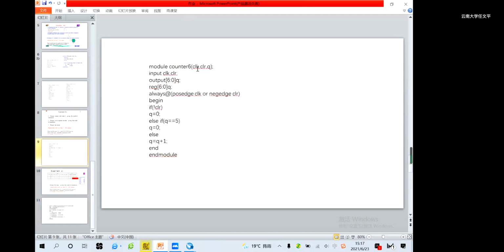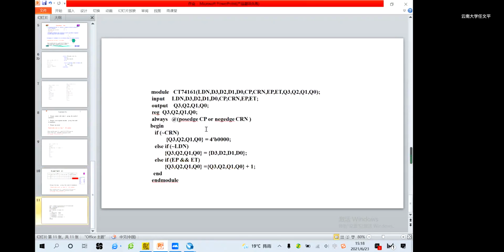Look at this counter, for the counter 6 value we set a max counter value in here. Why, in this program, don't we have the max counter value? Why?